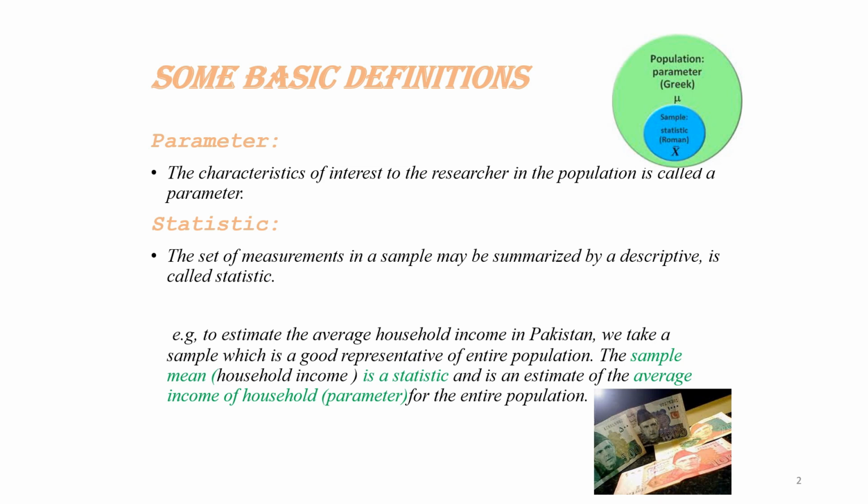For example, to estimate the average household income in Pakistan, we take a sample which is a good representative of the entire population. The sample mean household income is a statistic and is an estimate of the average income of households.